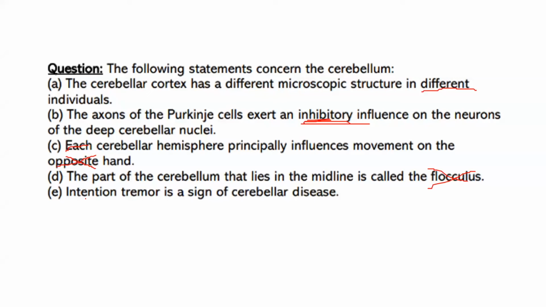And finally, E, intention tremor as a sign of cerebellar disease. This is correct. So the answer here could be E, it could also be B. In that case, we appeal it, but if it comes, the safer answer is E in this case.